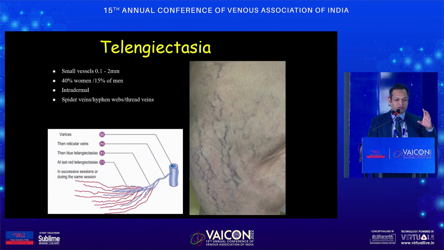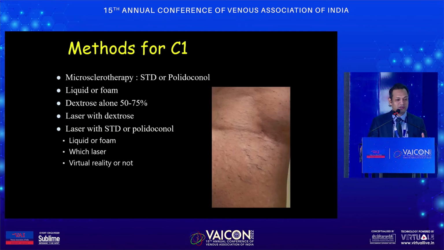They keep getting smaller and smaller from the main vein, and the smallest veins will be red in color. It's important because the more red they are, the more oxyhemoglobin is present, and the more blue, the more deoxyhemoglobin. That's important because that's how the laser works, on the basis of hemoglobin concentrations.